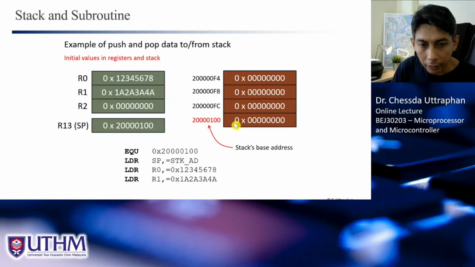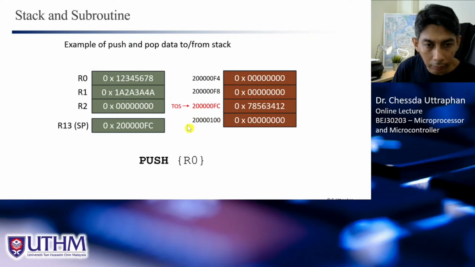So this is the base address of the stack, right? It means that when we push the data, for example, when we push R0, the value inside R0 will go to this. Okay, so this is how it works. It is stored like this. This is the thing that you need to remember.